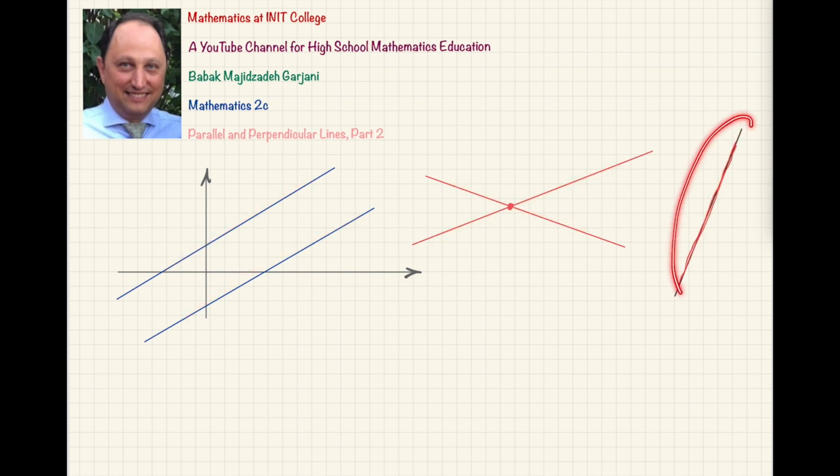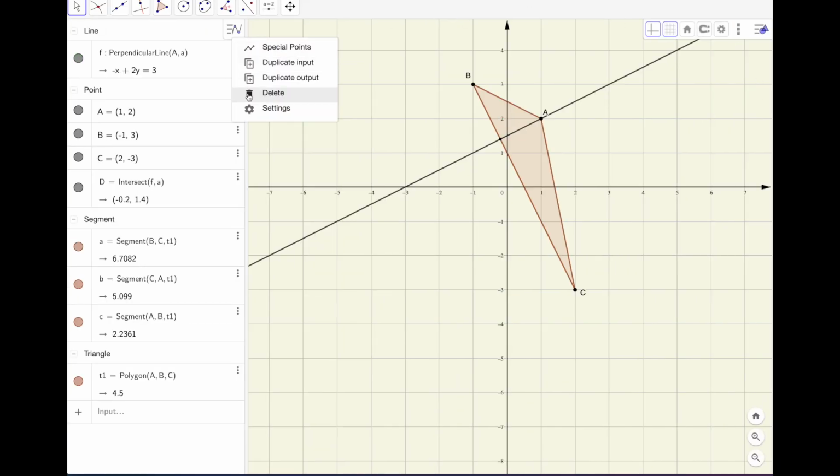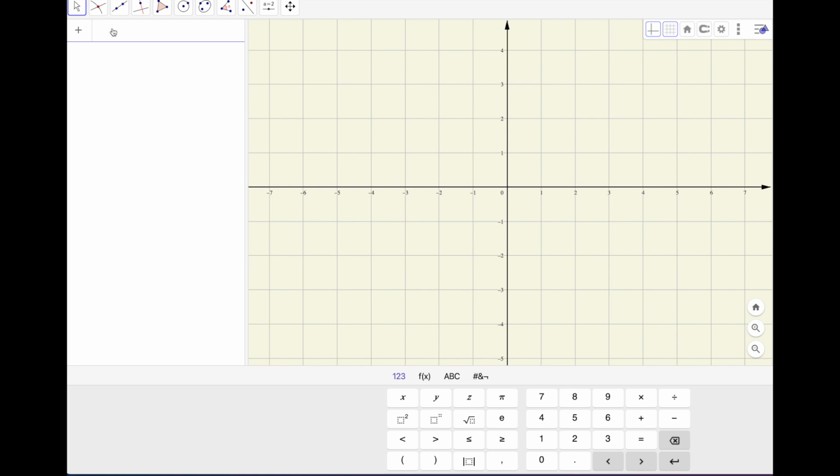For this one, let me also demonstrate it using GeoGebra. So for example, let me just draw two equations for you. If I draw this equation, let us say for example x plus 2y is equal to 5.